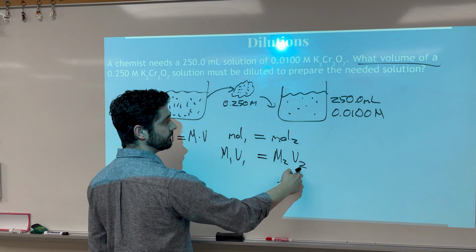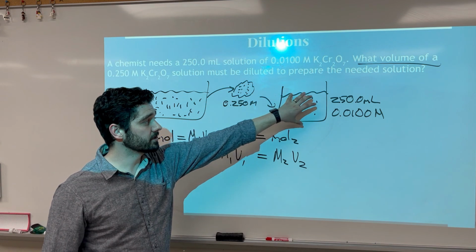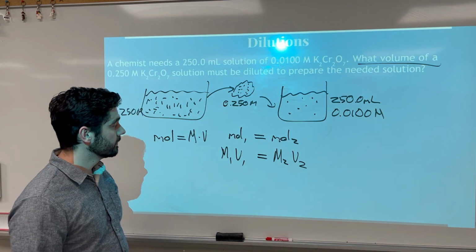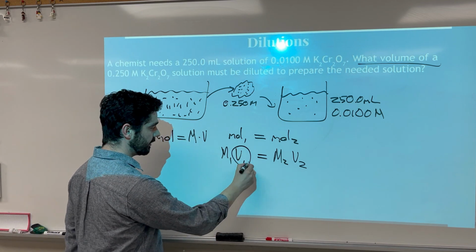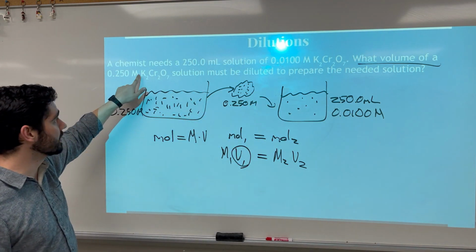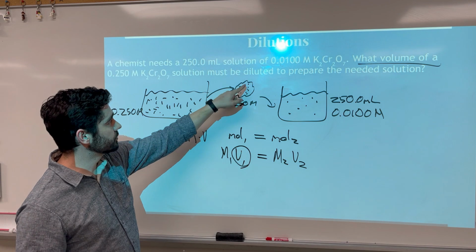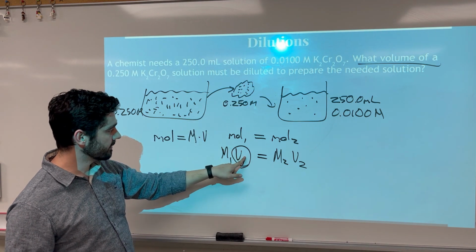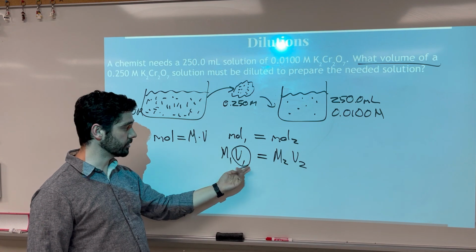And I'll call that M2 and V2. So I have a starting solution and an ending solution, okay? The reason I rewrote this equation is because now I have a variable that I care about. The question is asking, what volume of the stock solution do I need to use? Well, the volume of the stock solution that I use is V1. It's right there.